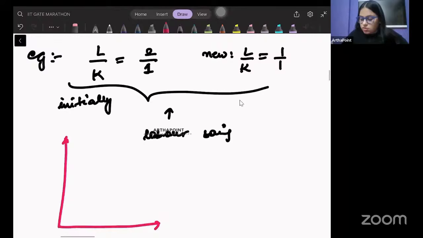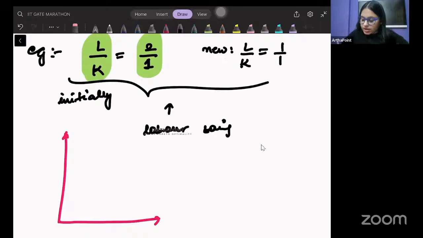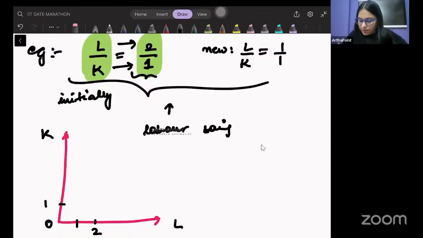Now just think about it. If I have to show any ratio, I can show that ratio by passing a line through the origin. So just see this. Here, this is labor, this is capital. First, it says 2 labor with 1 capital. That means this was my line.